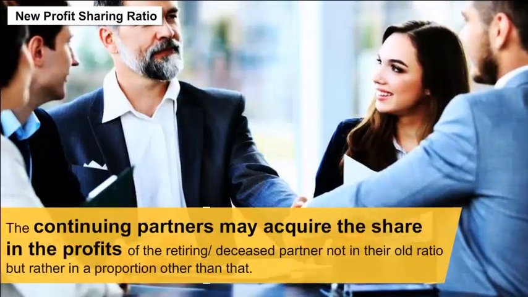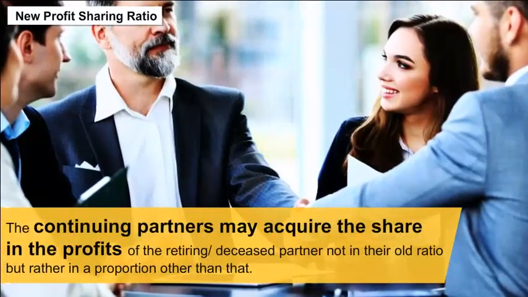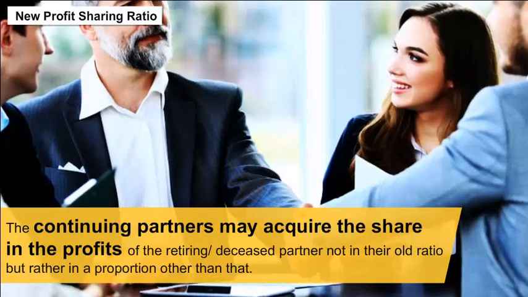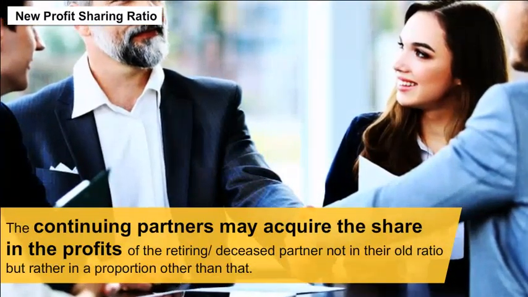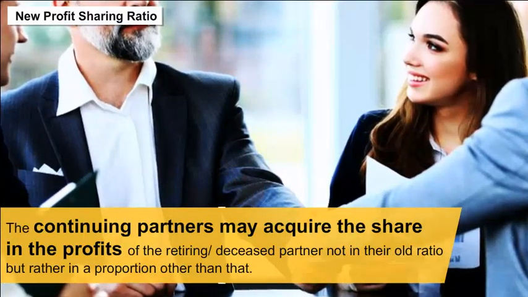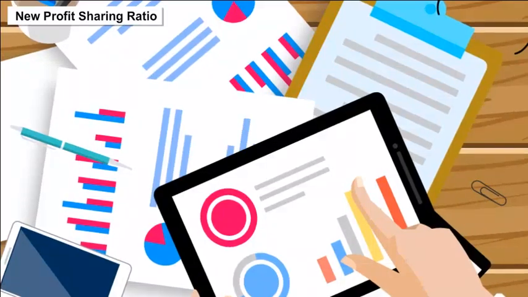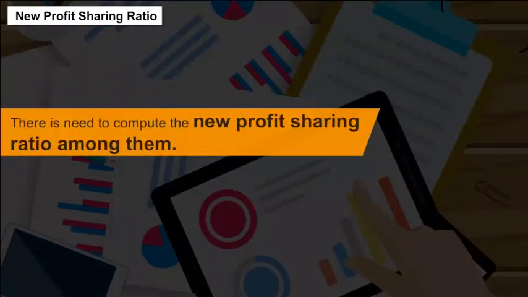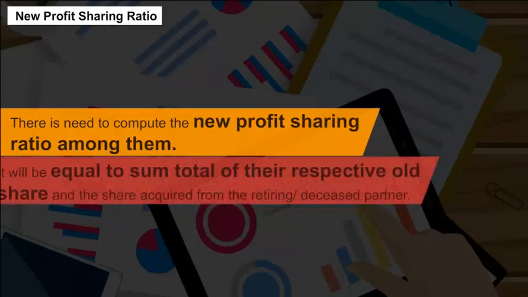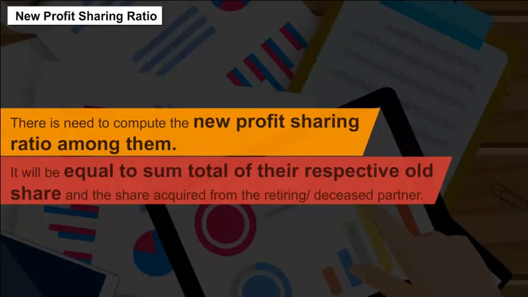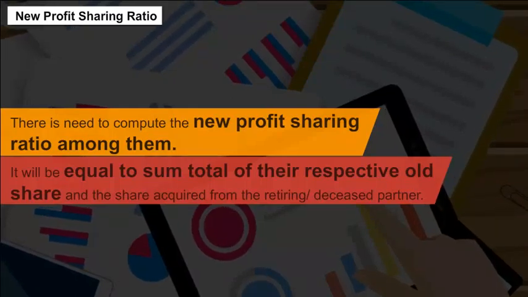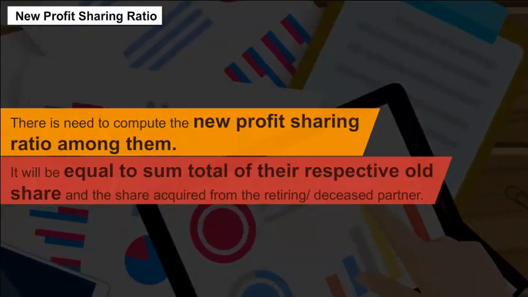B. The continuing partners may acquire the share in the profit of the retiring or deceased partner not in their old ratio, but rather in a proportion other than that. In such cases, there is a need to compute the new profit sharing ratio among them, and it will be equal to the sum total of their respective old share and the share acquired from the retiring or deceased partner.